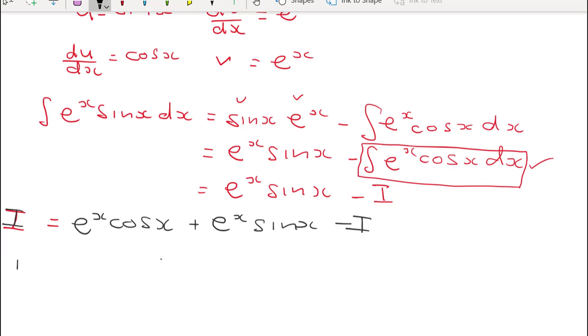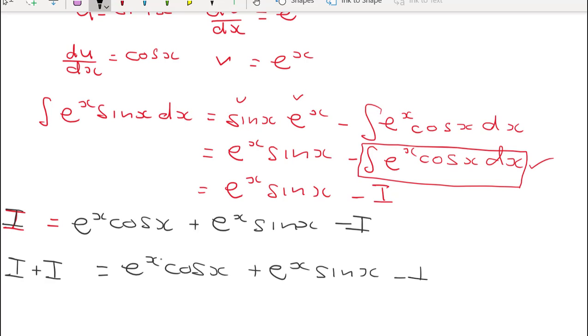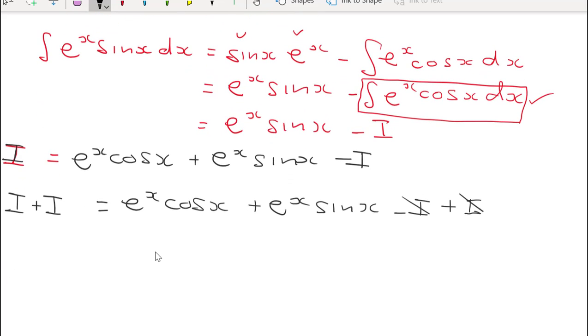So if I add I to both sides, this yields e raised to the x cos x plus e raised to the x sine x minus I plus I. This cancels, we are left with 2I is equal to e raised to the x cos x plus e raised to the x sine x.